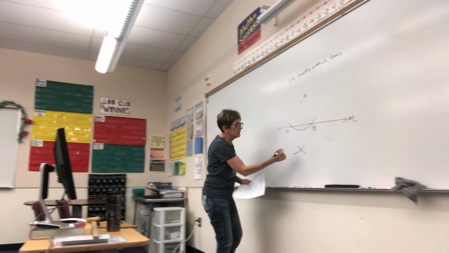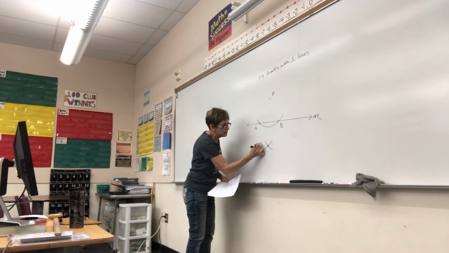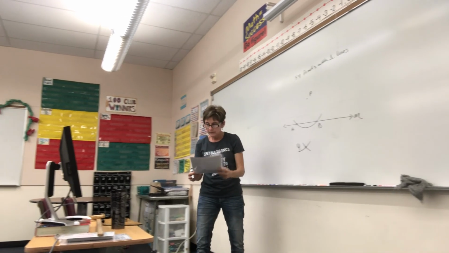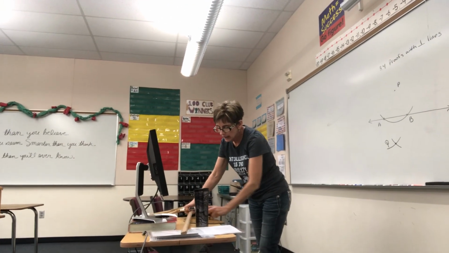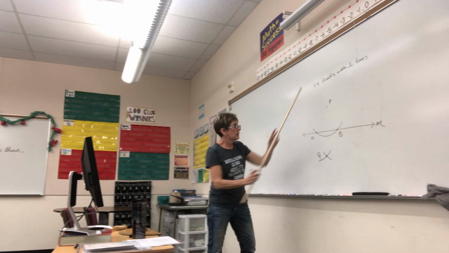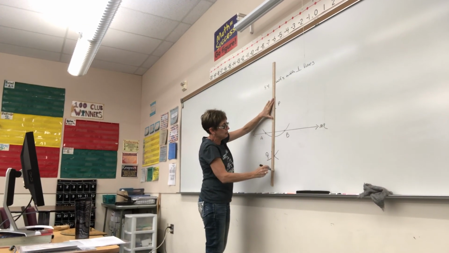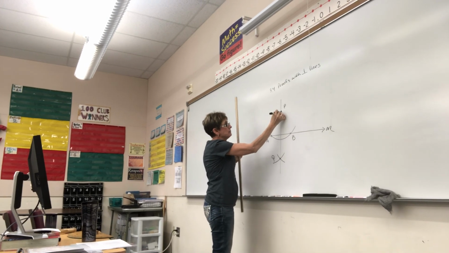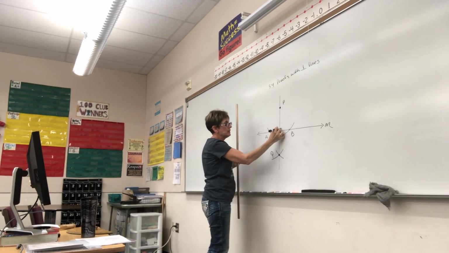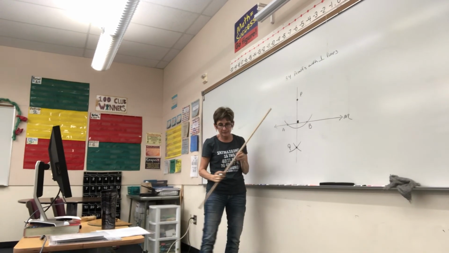We're going to label the intersection of these two arcs Q. Then we're going to draw line PQ. And when we draw line PQ, it might not be perfect. This one's actually not too bad. But when we draw line PQ, it should be perpendicular to line M.